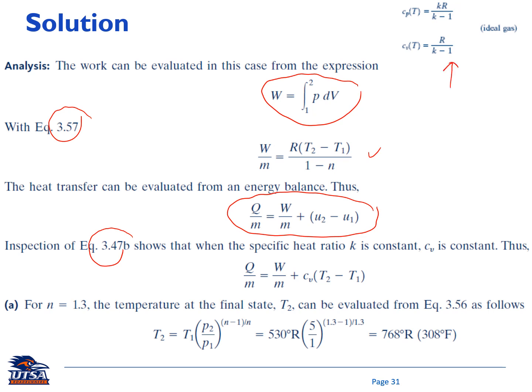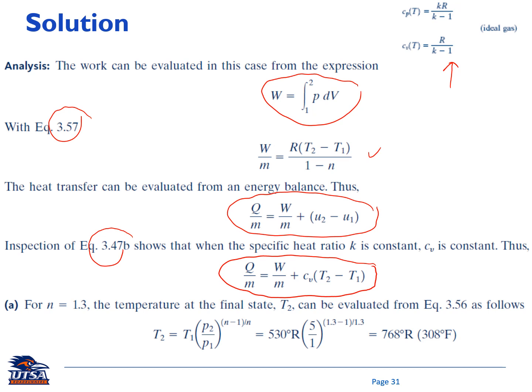So once again, if I have constant k, I will have also constant Cv, because Cv is only a function of R and k. So R is constant, and then k is constant, then Cv is constant. So in here, I can substitute U with Cv times T. So next one, I have this formula.